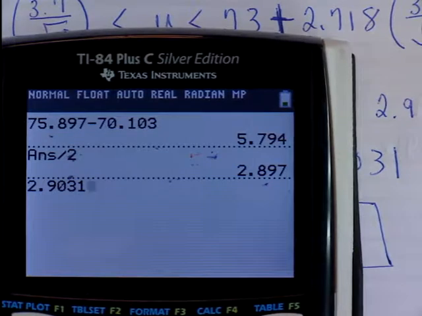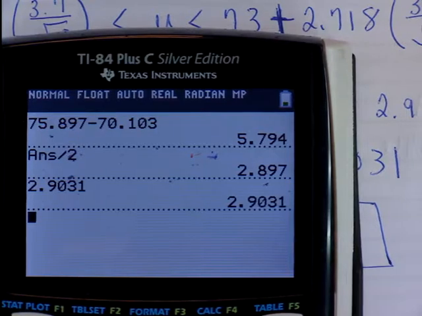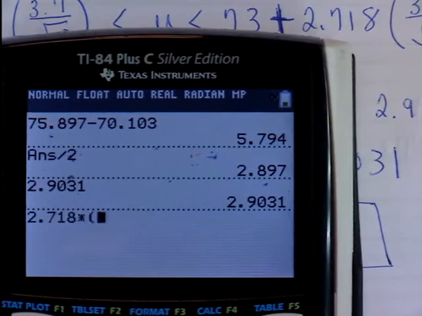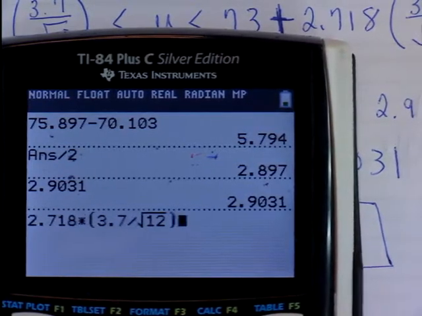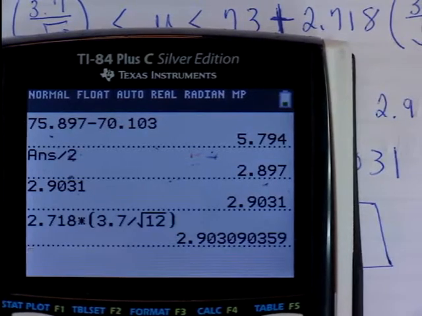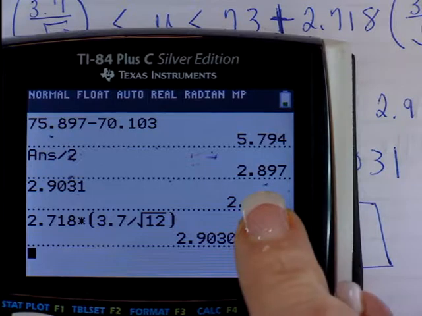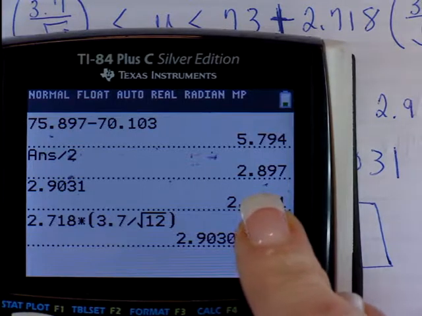And that's with a standard deviation of 3.7. In other words, that was 2.718 times 3.7 divided by the square root of 12. And I got 2.9031. But if you use your calculator trick, confidence interval width divided by 2, you get 2.897.